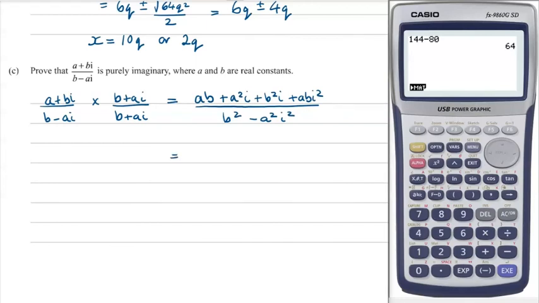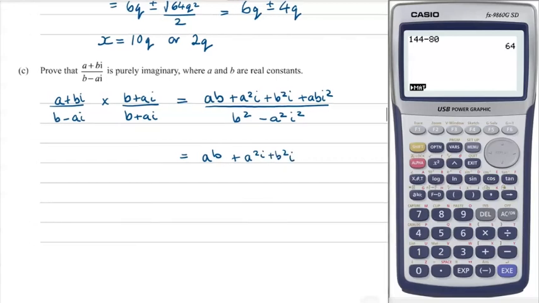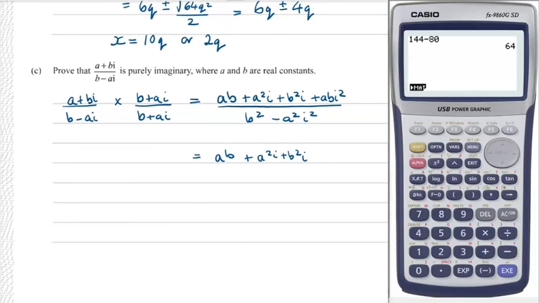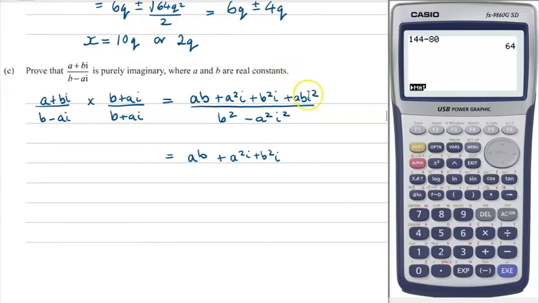So then we get ab plus a squared i plus b squared i. Then i squared becomes minus 1, so this is minus ab all over b squared minus a squared times the i squared, which makes it a minus 1, so then that becomes a plus a squared.